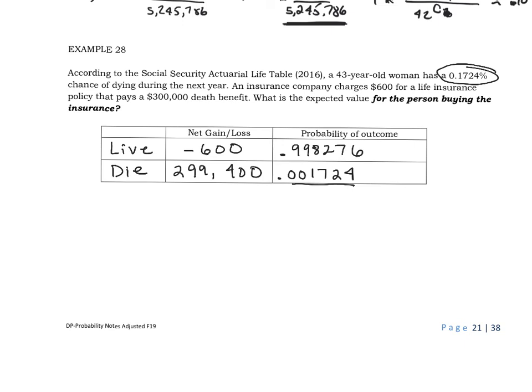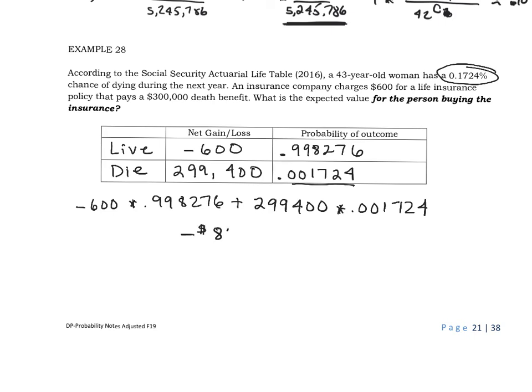So let's find the expected value. Okay, so remember, I'm going to multiply the outcome times the probability of the outcome plus the other outcome times the probability of the outcome. And so that would give us a negative $82.80.